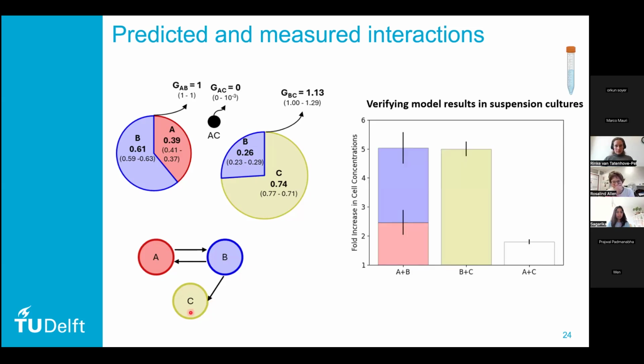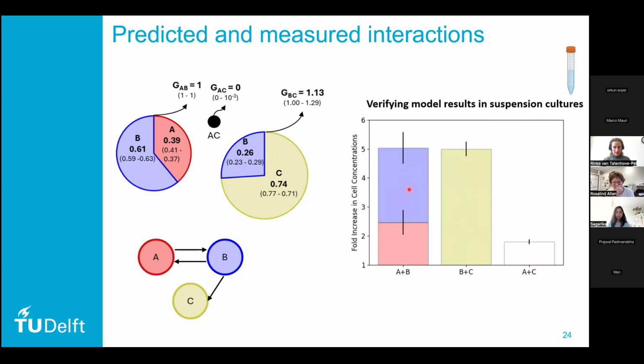So then we wanted to check with our experiments whether this is indeed the case. So we verified these model results in suspension cultures. And there we saw indeed that when we have A and B together, they grow. B and C together also grows. A and C together, they don't grow.